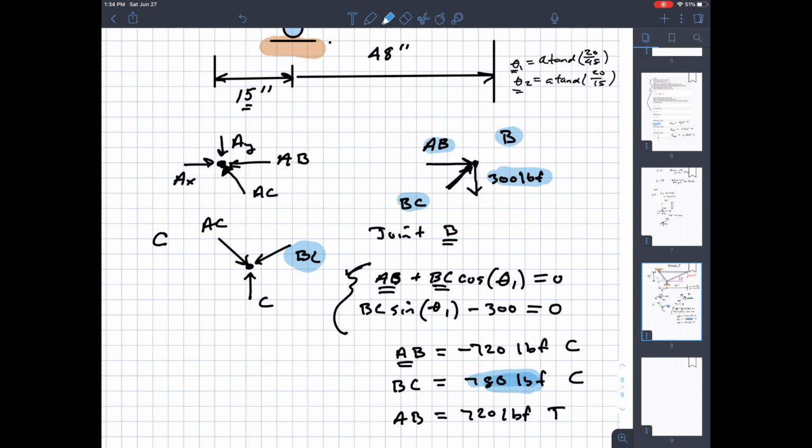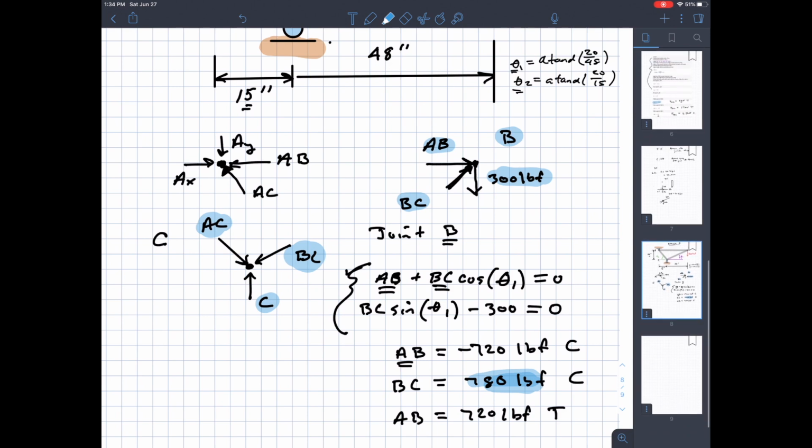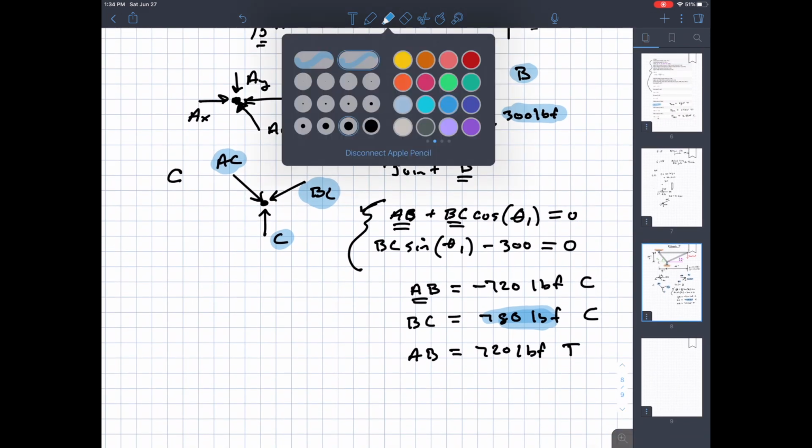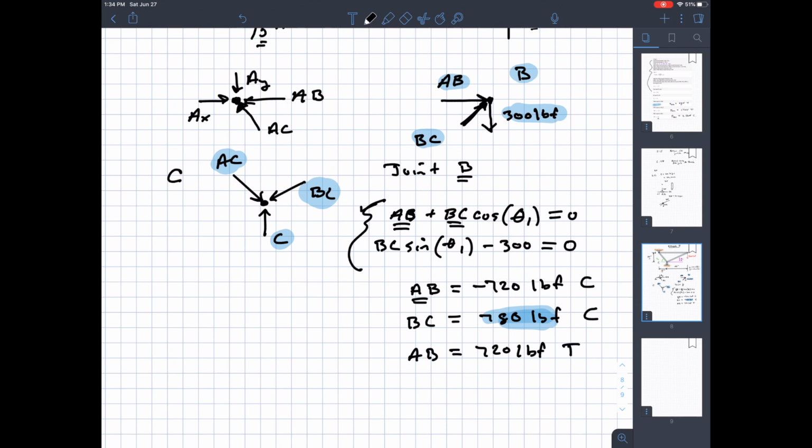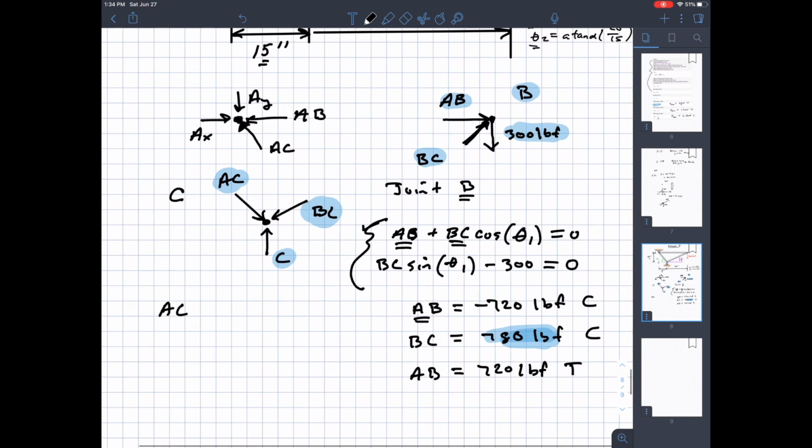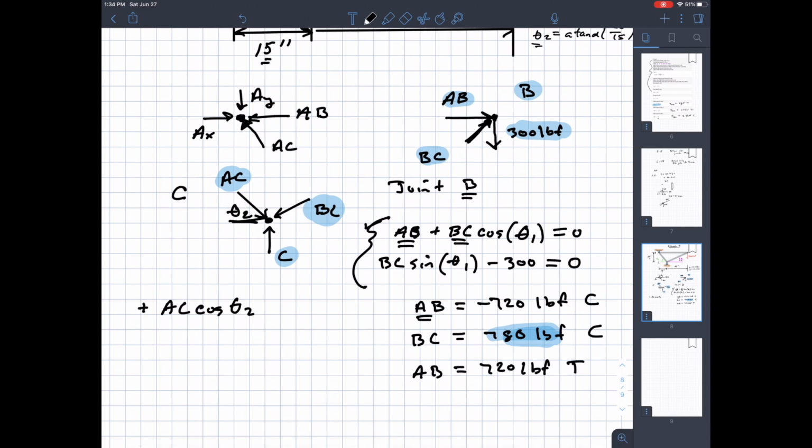So that would let me solve for AC, and if I wanted to, I could also get C. All right, so I take a look and I see that the AC component, I could write a sum of forces in the x direction, and I would get AC. That angle for AC is theta 2. So AC cosine theta 2, and that's moving to the right, so that gets a plus sign.